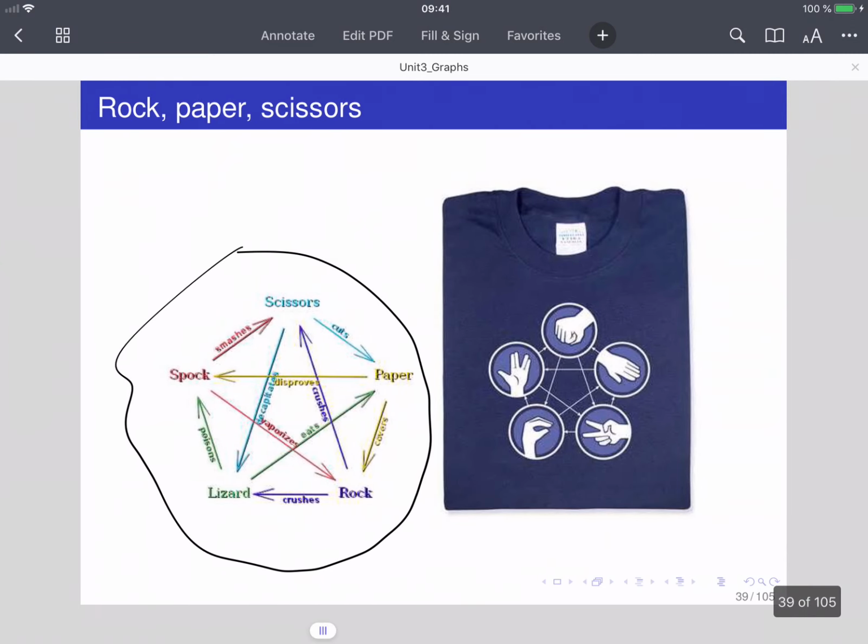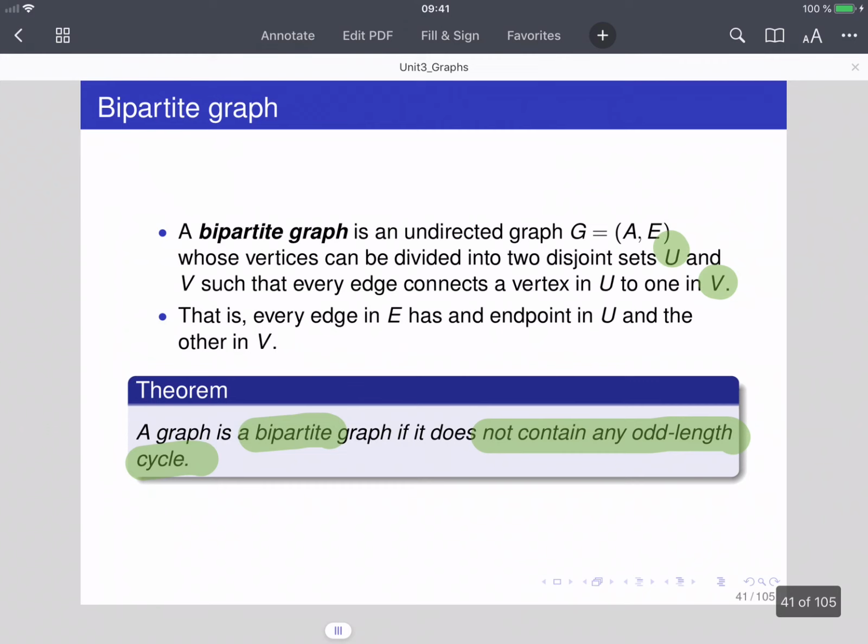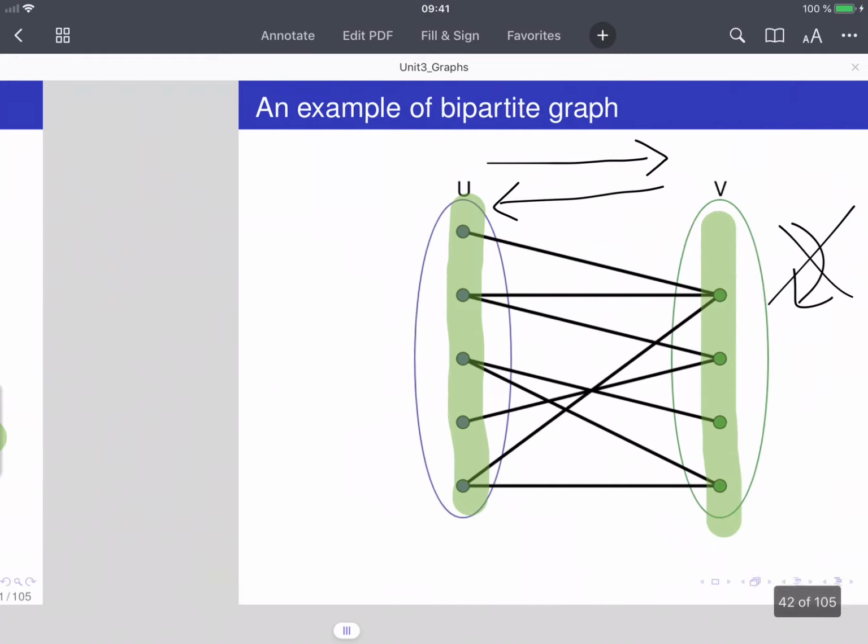Okay, what are the number of edges and degrees in the case of a bipartite graph? Well, it depends. Okay, it depends on how many connections we have.